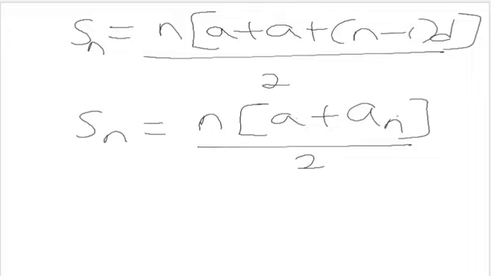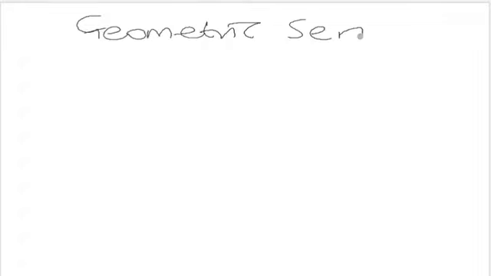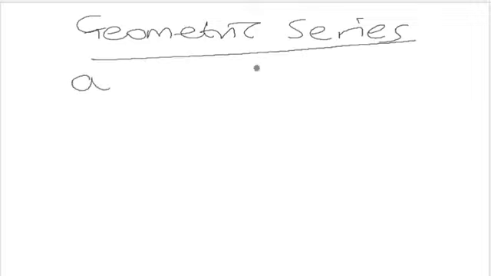So now we move to the geometric series. Under geometric series, we also deal with the first term, which we denote as a. Then we deal with the common ratio, which we denote as r. We don't deal with common difference, we deal with common ratio.